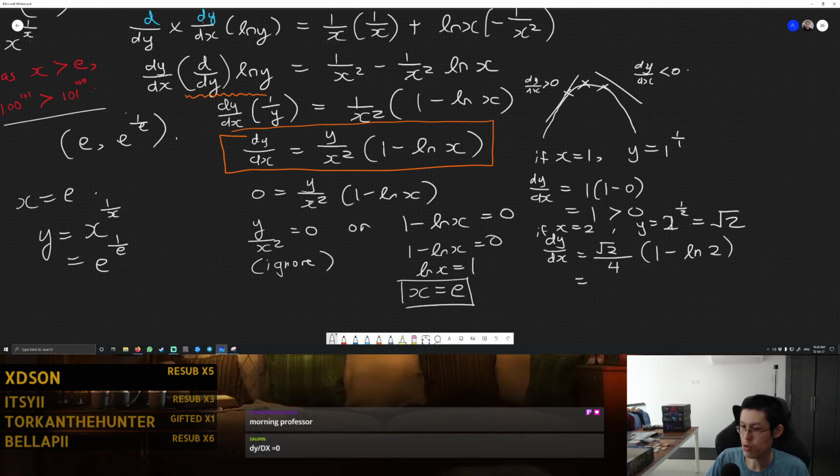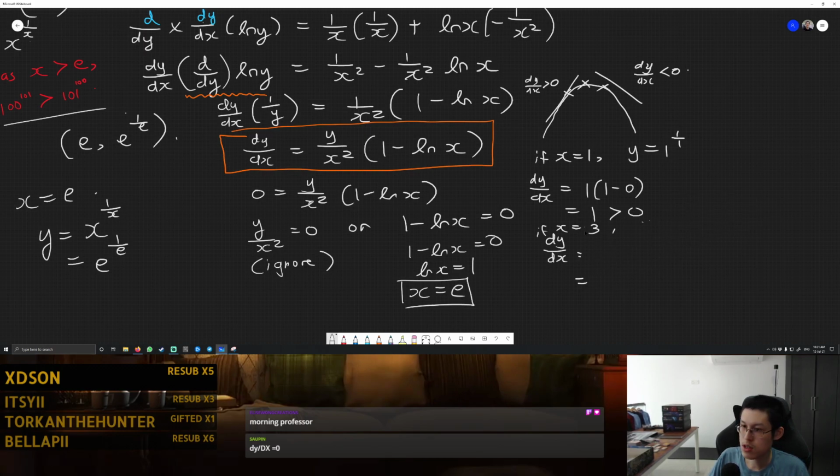So using your calculator, 1 minus ln 2 is going to be 0.3. Wait, did I mess up something? Oh, wait, sorry. 2 is not greater than e, my bad. So I should put x as 3.